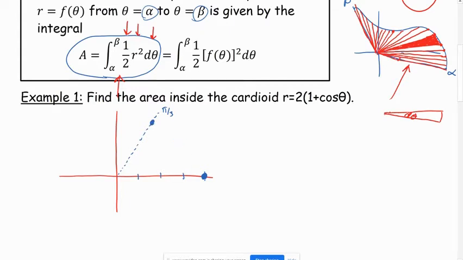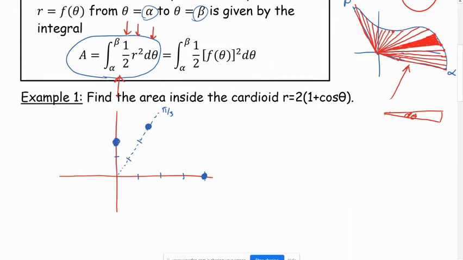So 1, 2, 3 units away, so maybe right about there. Okay, and then if we plug in pi over 2, cosine of pi over 2 is 0, so 2 times 1 plus 0 is 2, and so that puts us here.